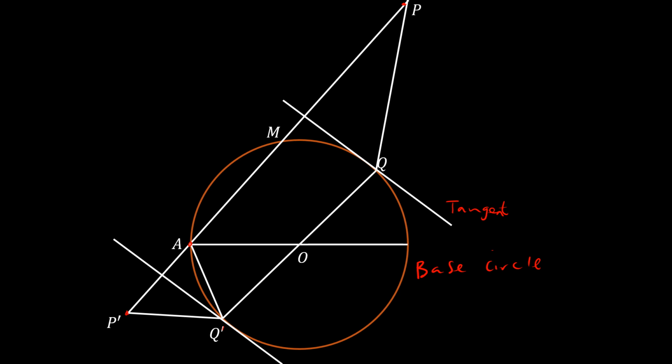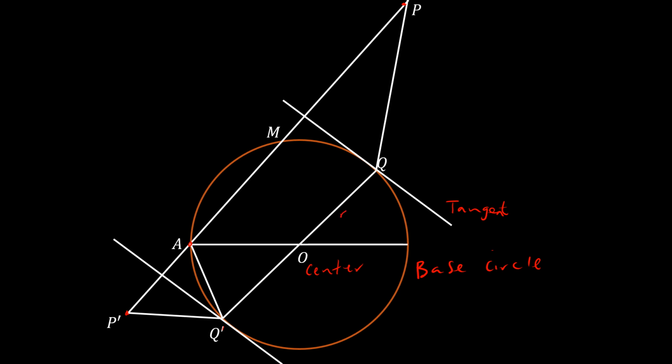So point P prime also is on that cardioid. And if Q prime and Q lie on this line that passes through the center O, so this is our center, we are going to look at some of the properties that are very interesting to this relationship, right?